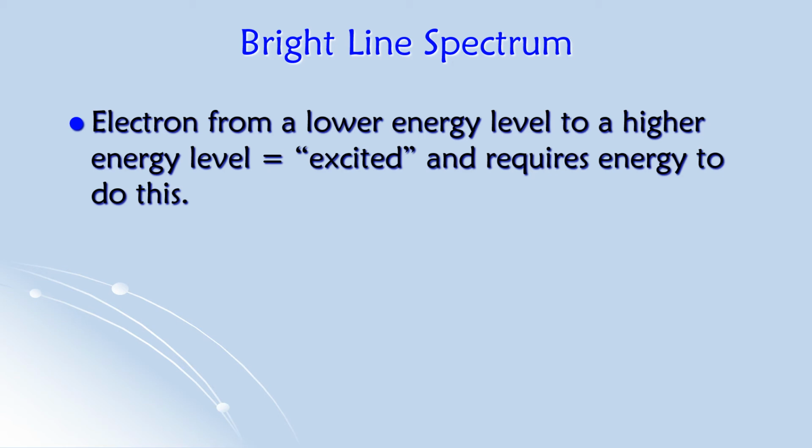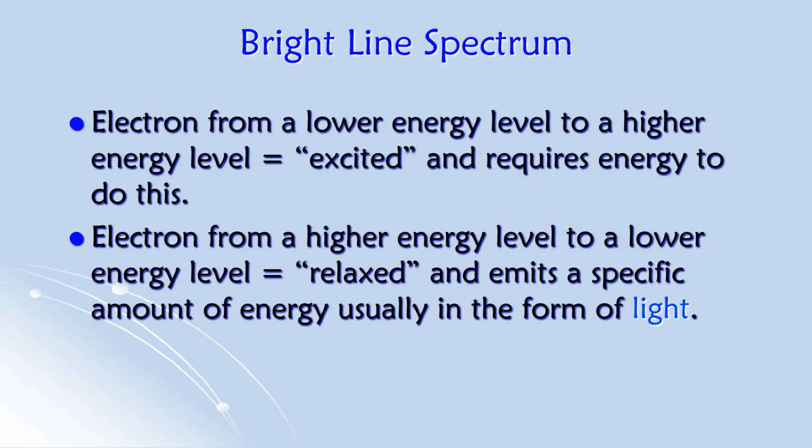So the electron gets excited, moves from a lower energy level to a higher energy level, and it needs energy to do that. But when it comes back from the higher energy level to the lower energy level, that's when it's relaxed, and that is when it releases that energy. That is when it emits that light or heat, and that is when the bright line spectrum is produced.